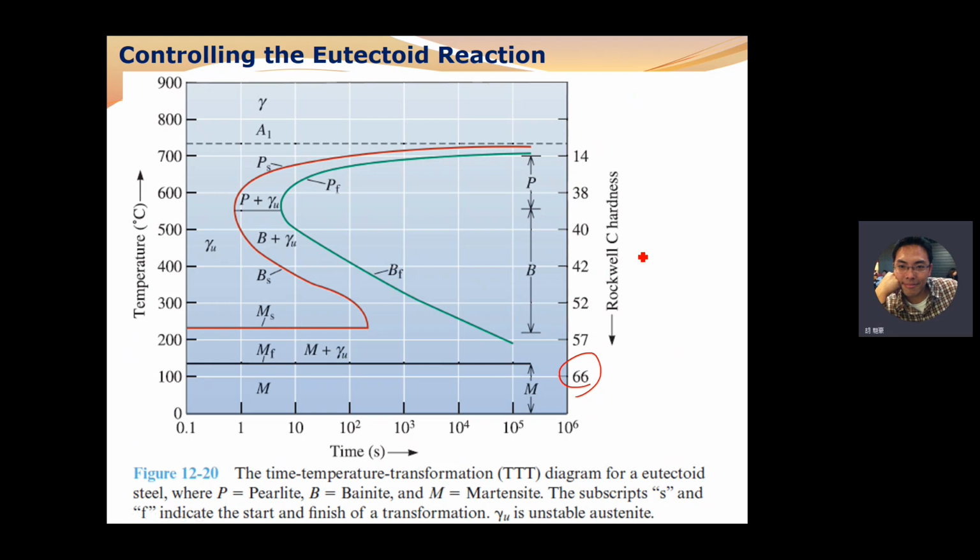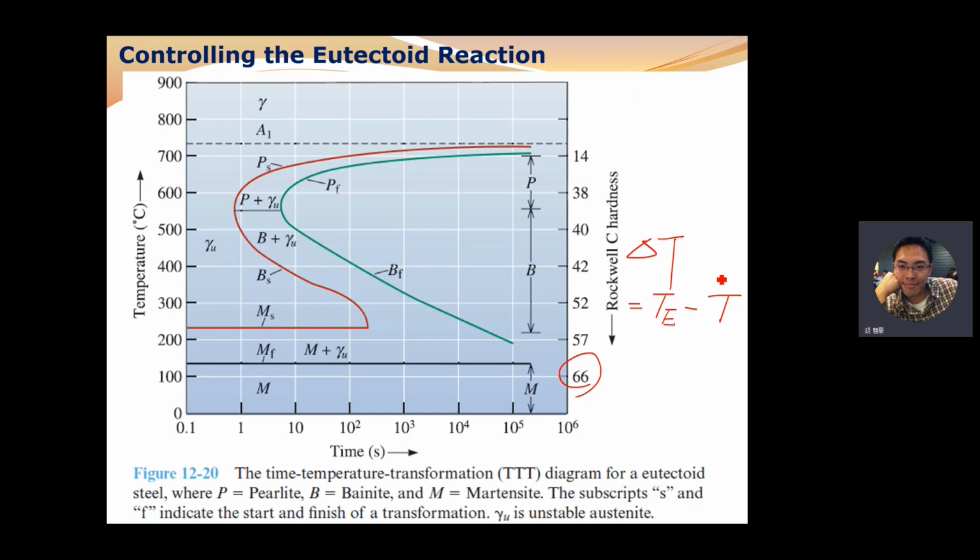So delta T, right? I already mentioned before. Delta T is the driving force to control the eutectoid reaction. And you can modify the delta T to get the specific mechanical property, such as the hardness that you want. So what is delta T? Delta T is TE minus T, right?